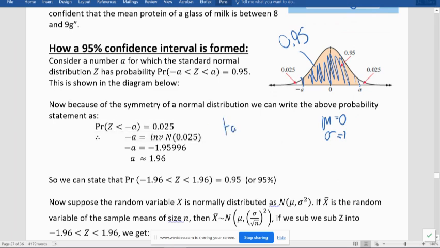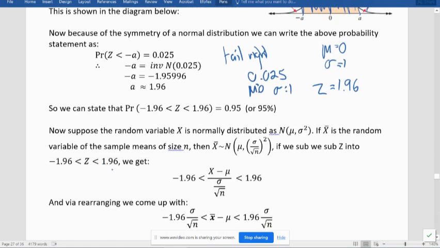You do your tail to the right, and you'd have an area of 0.025, with a mean of 0 and a standard deviation of 1, and you get a z value of 1.96. So you'll see in the formula below, there's a value of 1.96. We know that we would get 95% of the values if we went 1.96 standard deviations above, or 1.96 standard deviations below.